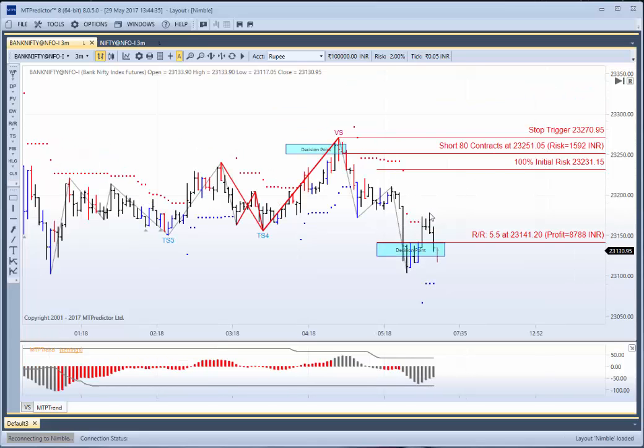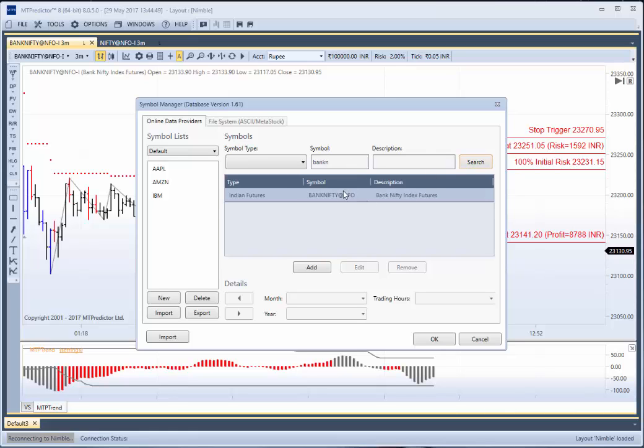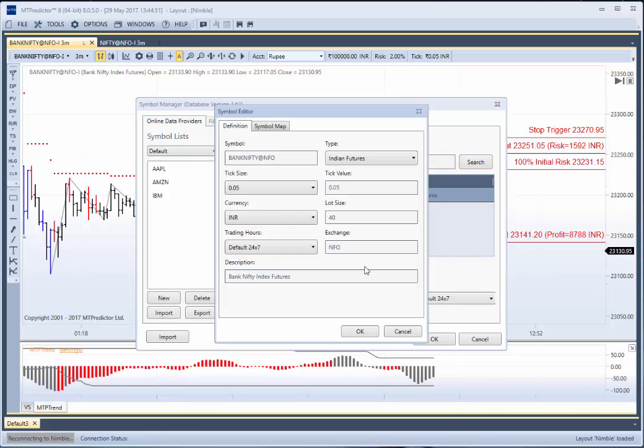But also notice how the number of contracts is in multiples of 40 units or 40 shares. This is because we've now added a new option into our symbol manager. If I look at the Bank Nifty, there it is. Now if I edit the properties, you can see that the lot size is 40.